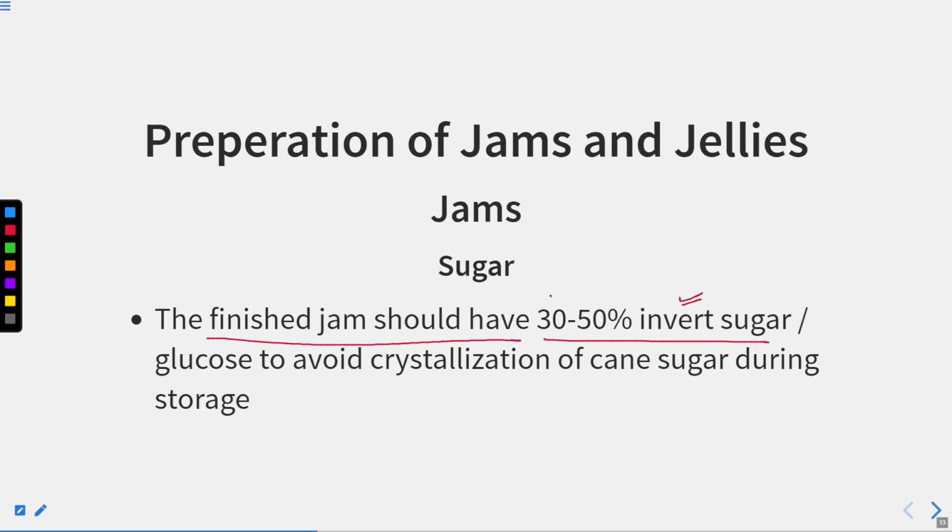Now this is the type of sugar we are going to use in the jam, that is invert sugar, 30 to 50%. Glucose is added to avoid crystallization of cane sugar during the storage. So we can add glucose also, and this is prepared from the cane sugar, right? And this is added at the time of storage because it avoids crystallization.